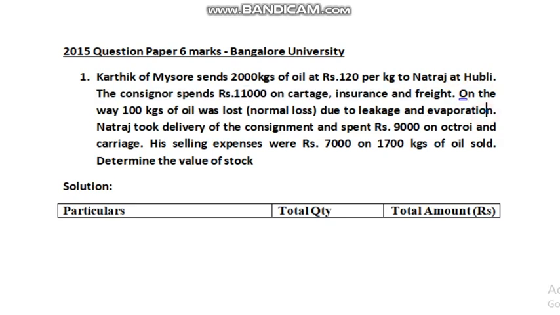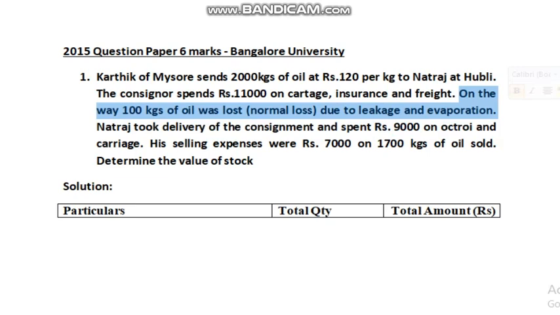And next, on the way, 100 kg of oil was lost due to leakage and evaporation. So this is normal loss. If any goods were damaged because of leakage, evaporation, breakage, drying, etc., this is called normal loss.